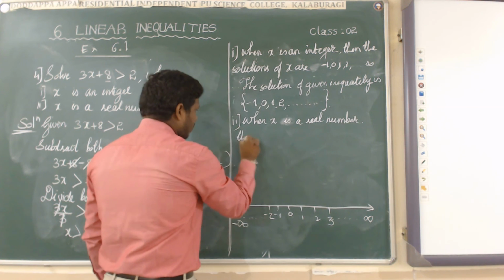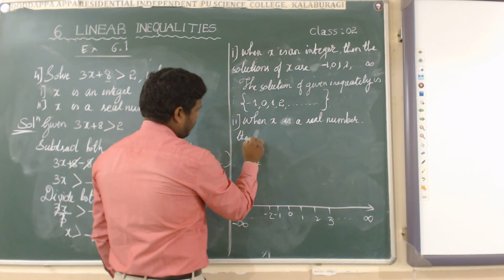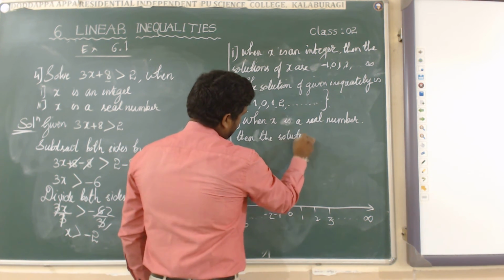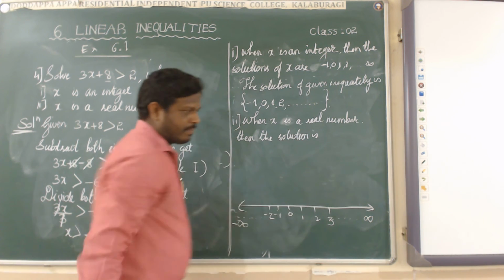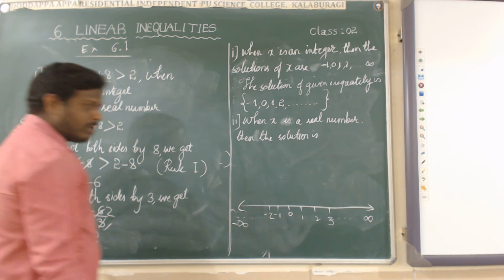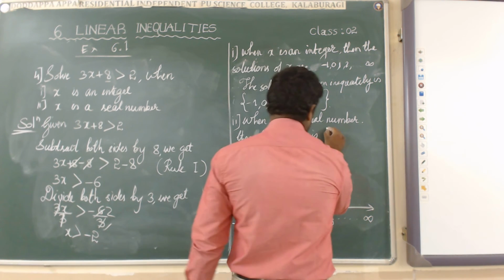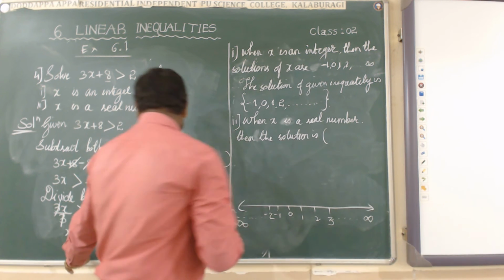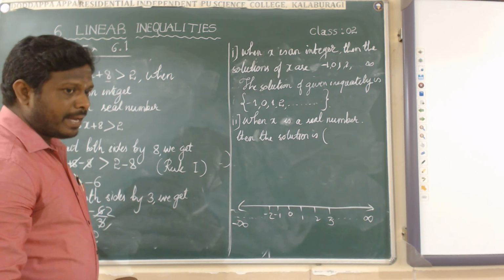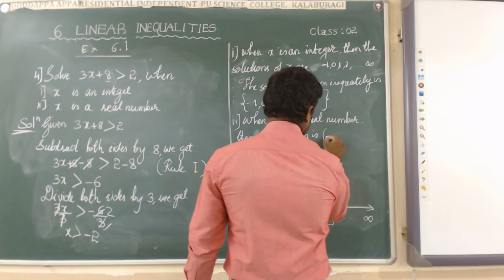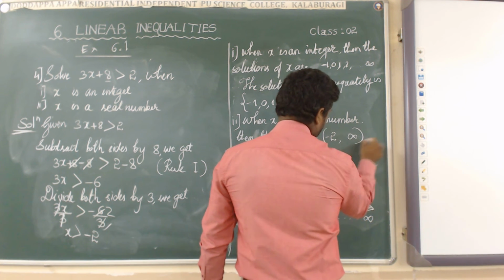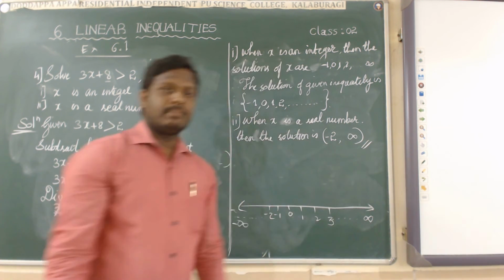Then the solution is, I am writing directly here. Which symbol is there? The greater than symbol is there. That's why you have to use the open interval on both sides. So we write -2 here and infinity on this side, with the open interval symbol on both sides.